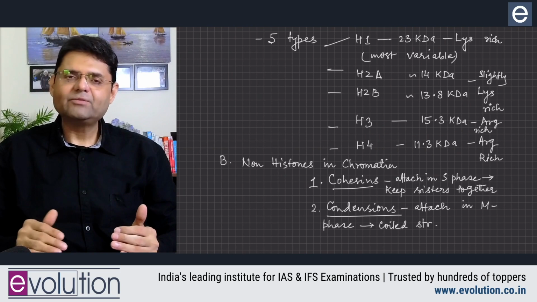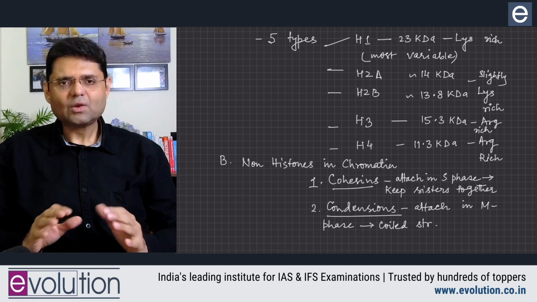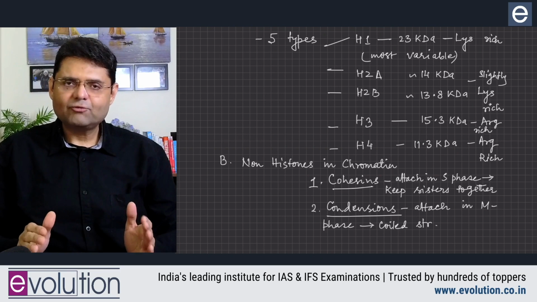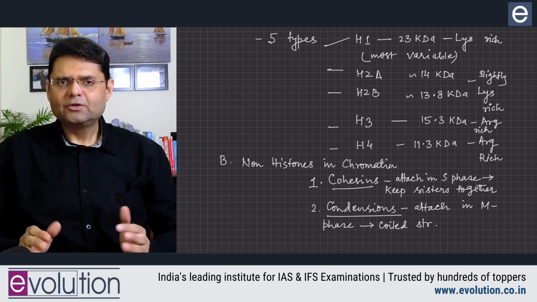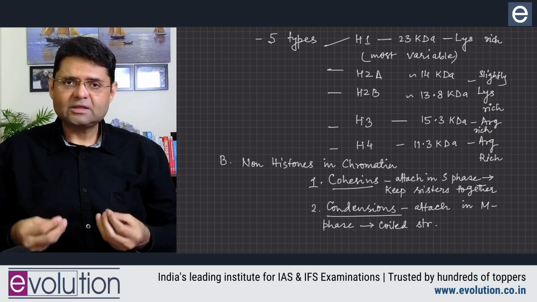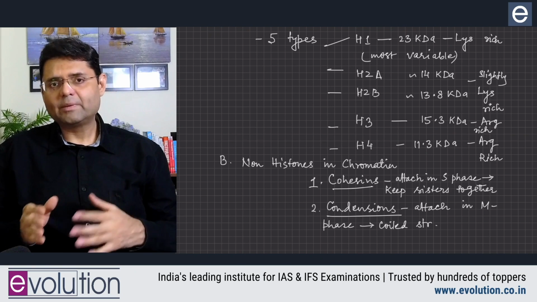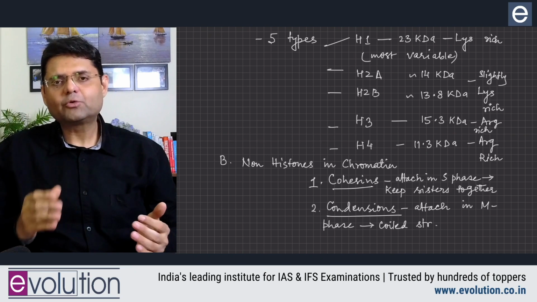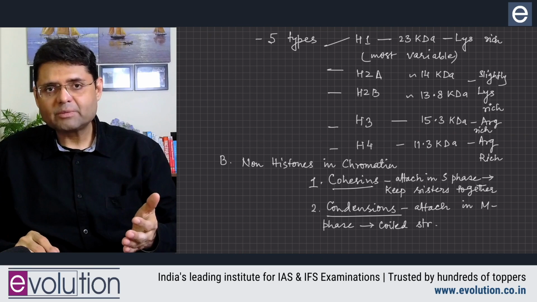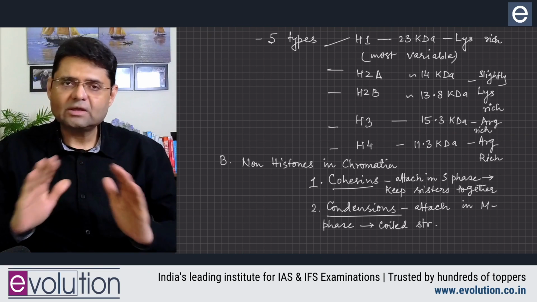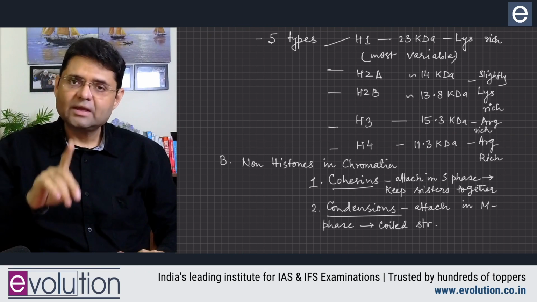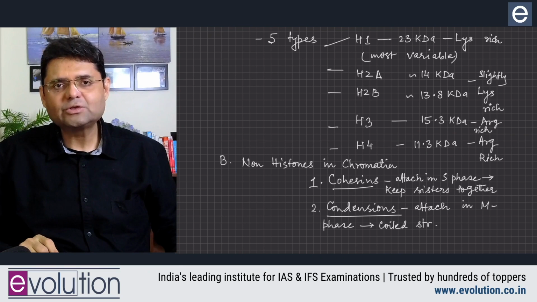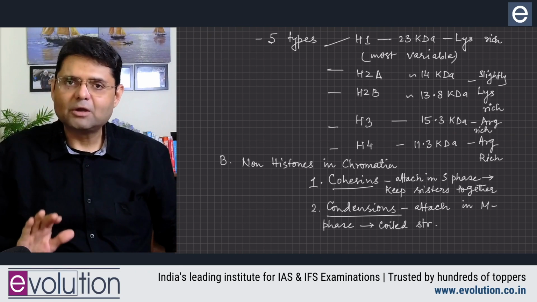Okay. Then 5 types of histones. What we have done, we have put the molecular weight. You may like to dismiss right in the beginning, okay, who remembers the molecular weight? My point is, this is the only category of protein for which you are supposed to remember the molecular weight. There is no other protein apart from histones and nuclear pore complexes for which you will need to remember the molecular mass.